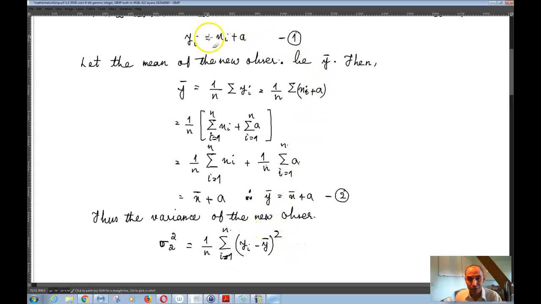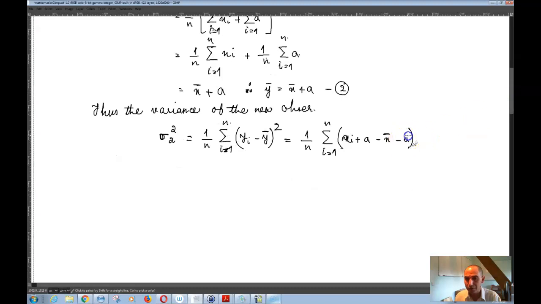And over here we said that y of i is equal to x of i plus a. So 1 over n sigma of y of i, which is x of i plus a, and minus y bar, which is x bar plus a, becomes negative x bar negative a, as i goes from 1 to n.